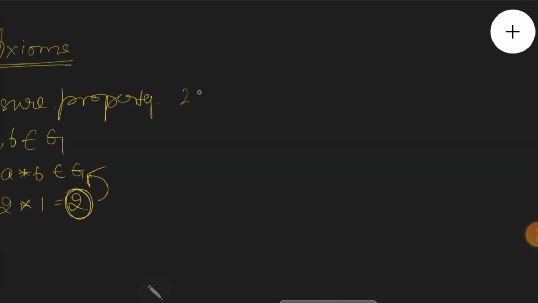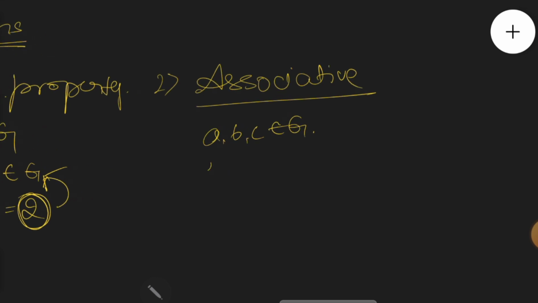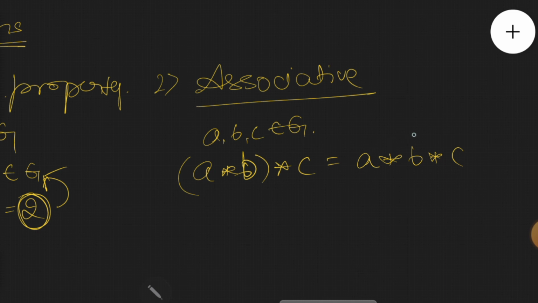The next thing that you have to check is associative property. Associative property means that if you have a, b, c that belong to G, and you perform a function like (a star b) star c, it is equal to a star (b star c). Only the brackets keep on changing.